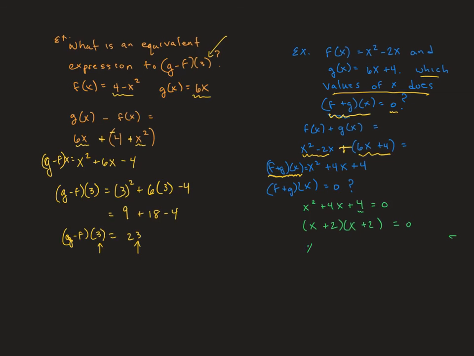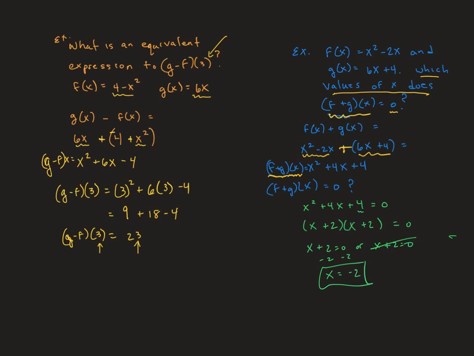And when I solve for 0 using the zero product property, I would have x plus 2 equals 0 or x plus 2 equals 0. So I can just do it one time since it's the same answer, and then x equals negative 2.